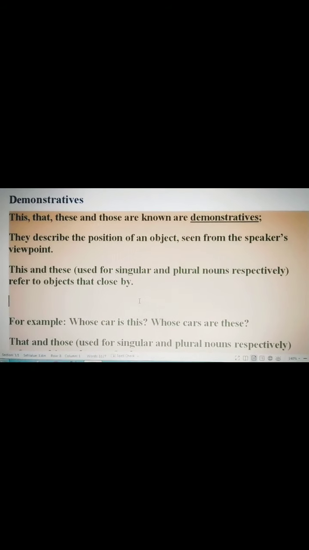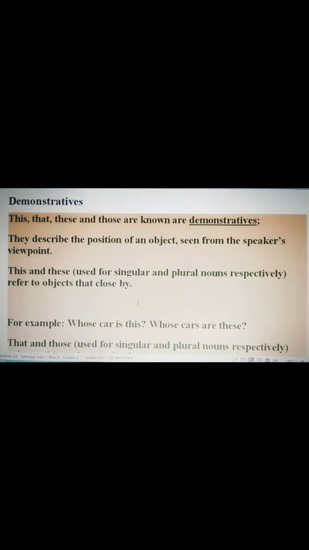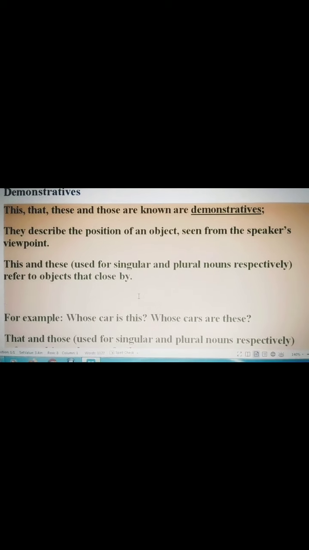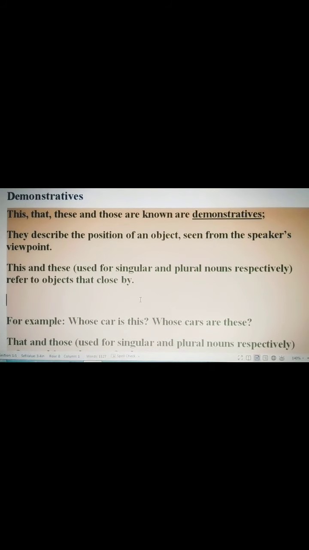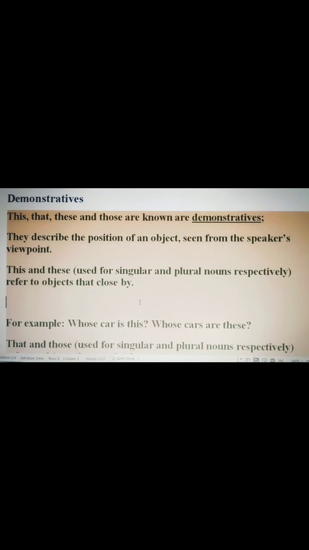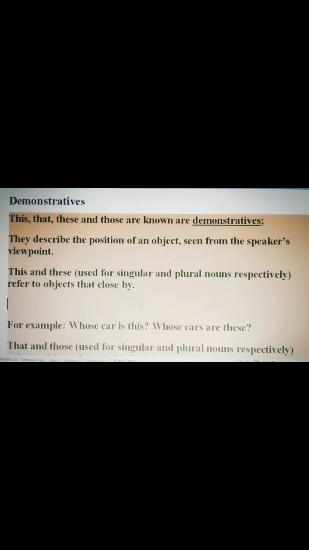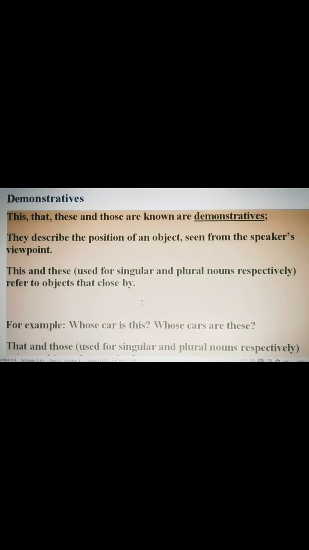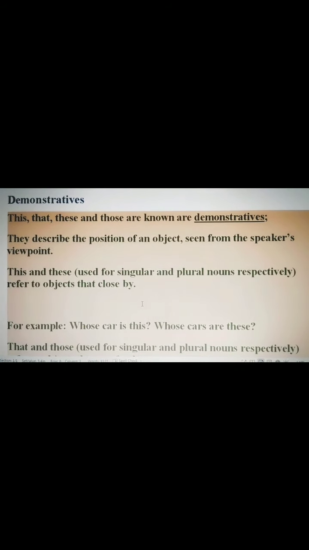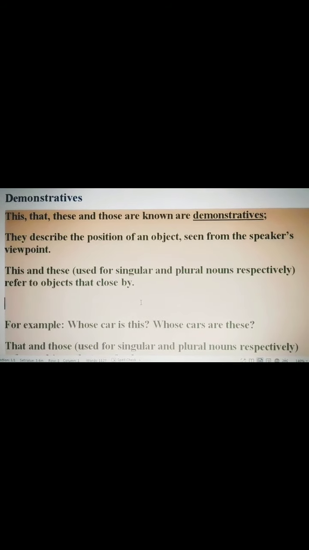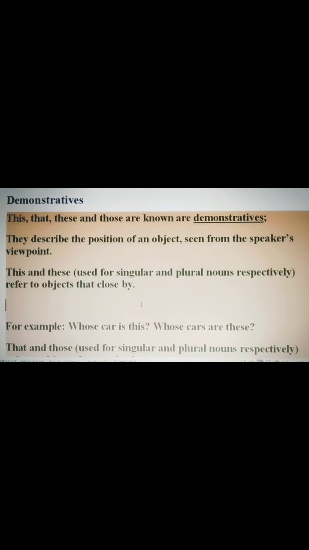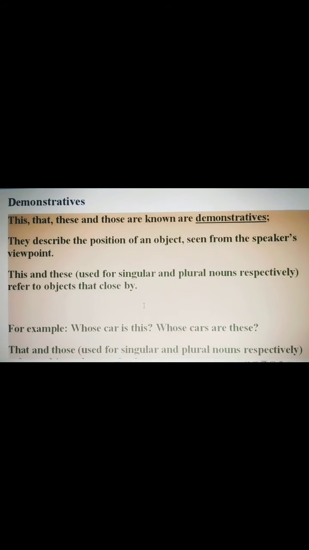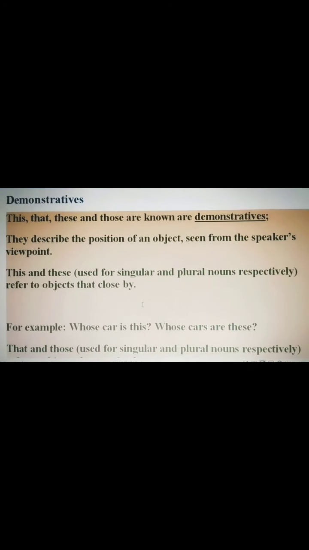Now also just note down the important points under the heading demonstratives. Okay, this and these will be used for the singular and the plural noun respectively. When you are talking about a particular object, or a singular noun, this will be used, and when you are talking about the plural one, these will be used.